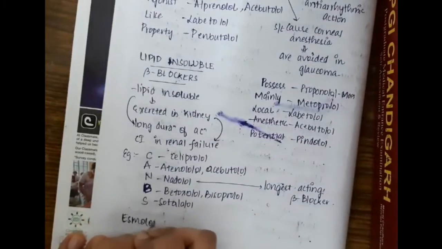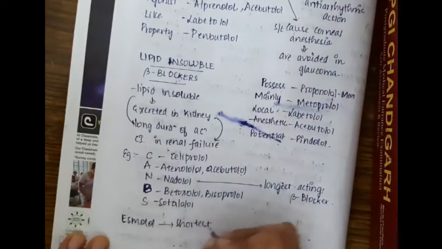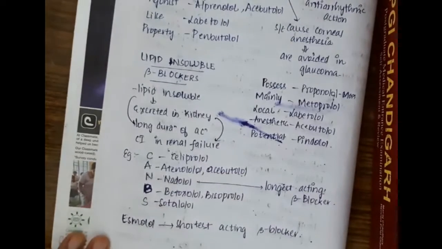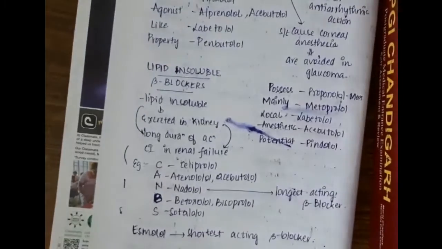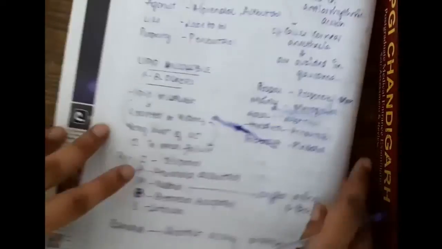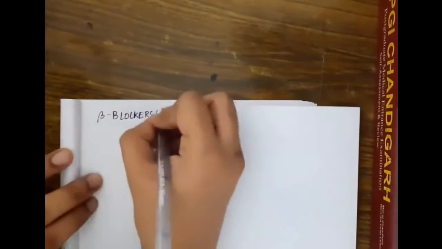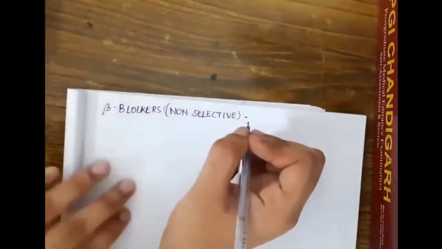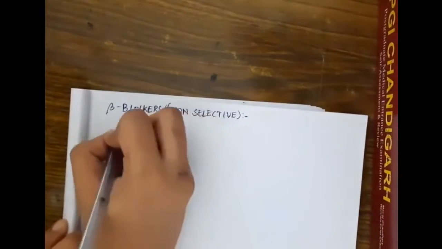The next drug, esmolol, is the shortest acting beta blocker. Esmolol is rapidly metabolized by RBC esterases, and that is the reason why it is called the shortest acting beta blocker. Now, non-selective beta blockers: important points.